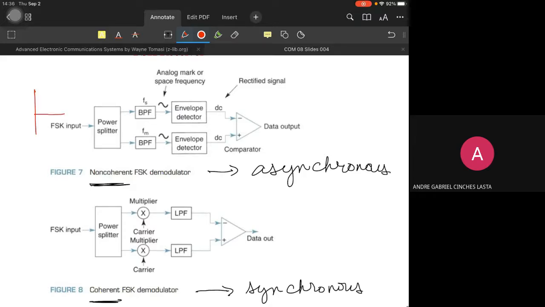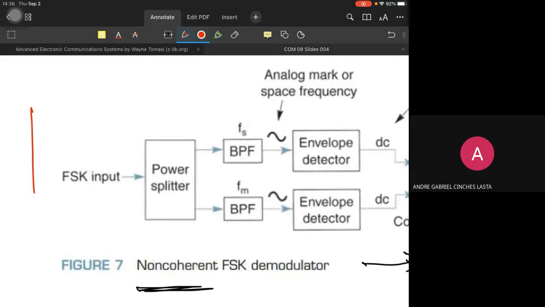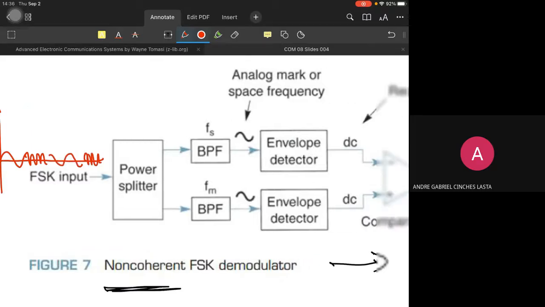Dire, at this point, FSK input, ang itsura sa atong signal would be yan. Okay, something like that. No?